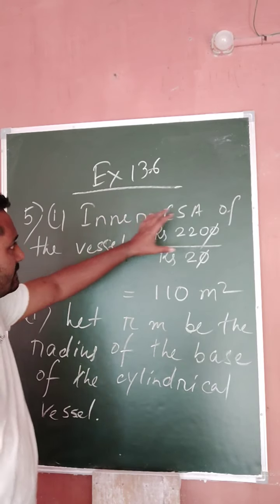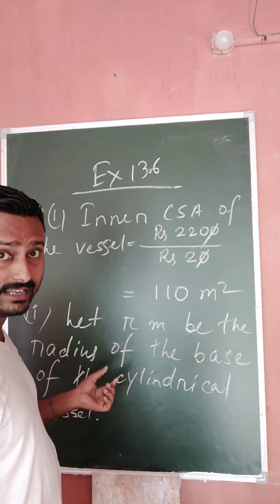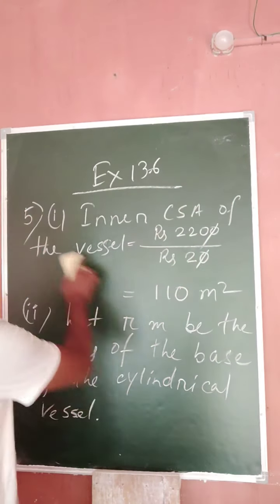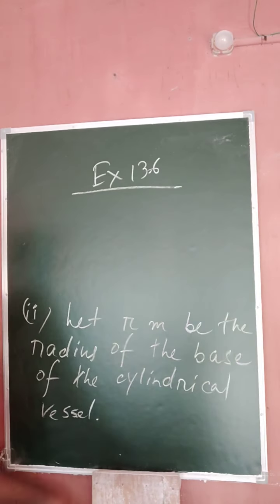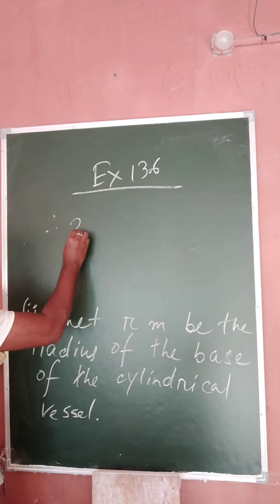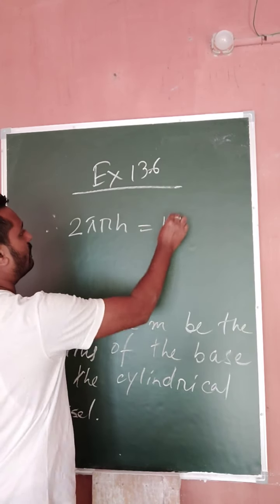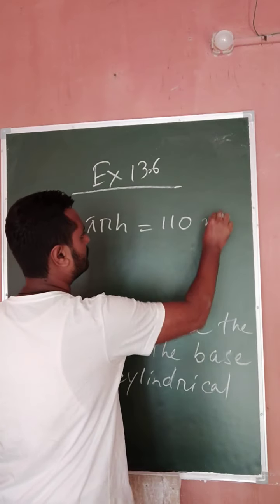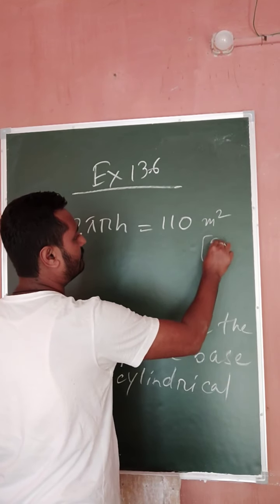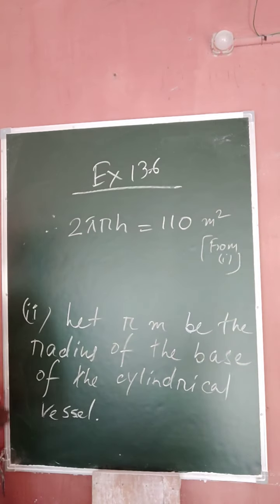So the inner curved surface area of the cylinder whose radius is r and height is 10 will be this. Therefore 2 pi r h equals 110. Already we found 110 meter square. You can write this as equation number 1.